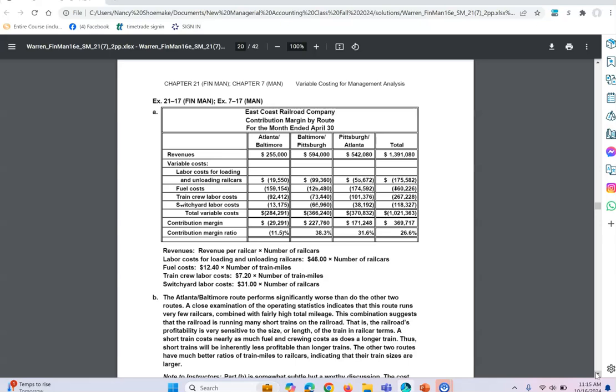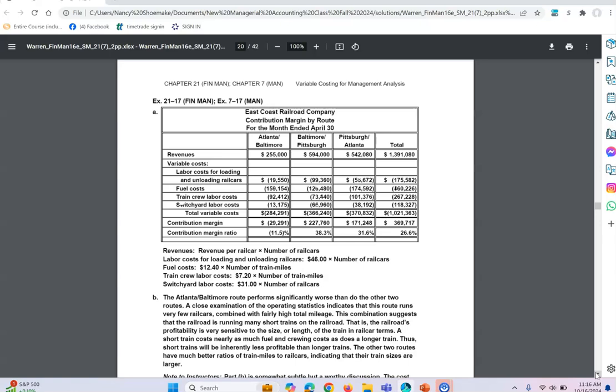We've got our variable labor costs, the fuel costs, the train crew labor costs, and the switch yard. So here you see the contribution margin ratio, a minus 11.5% for Atlanta-Baltimore, 38.3% for Baltimore-Pittsburgh, and Pittsburgh to Atlanta was 31.6%.